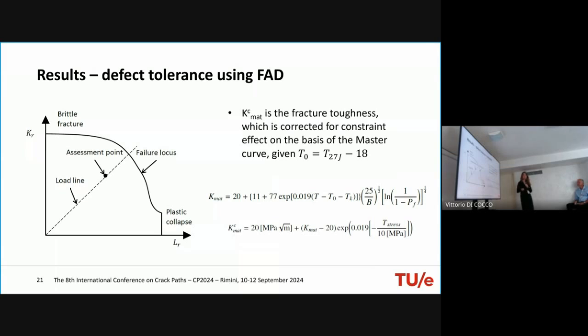B is the thickness of the plate, which is equal to 8 millimeters. And the probability of failure is set to 50% to calculate the mean prediction. This fracture toughness is corrected for lower values of T stress when low constraints are at the crack tip.